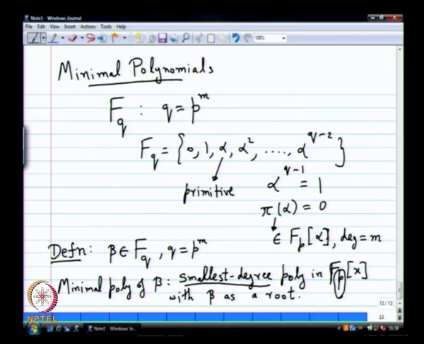So if you go back to F_8 for instance, I have 0, 1, alpha, alpha squared and all that. I want a polynomial for which alpha is a root, but the polynomial should have only binary coefficients, it cannot have non-binary coefficients. For F_8, do you know a binary polynomial for which alpha is a root?